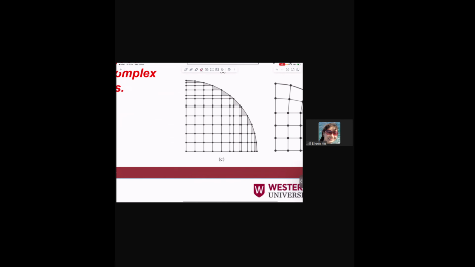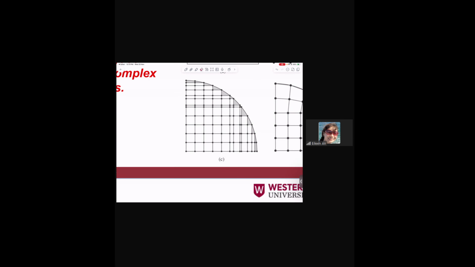But how about rectangular element? If we are keen to use rectangular element, very likely we will receive the mesh like this one, right? And if we use rectangular element, the shadowed area cannot be created.